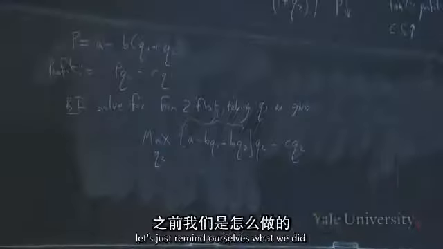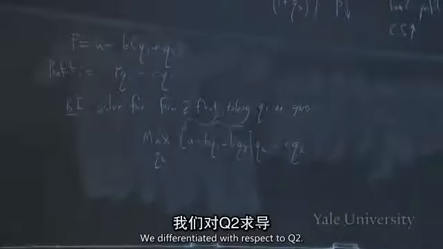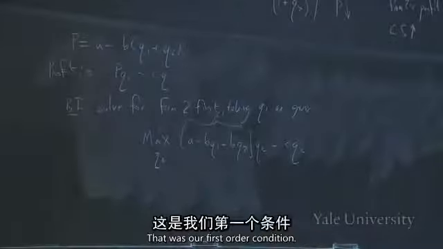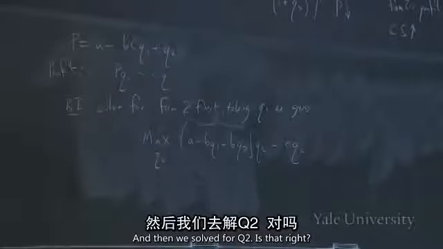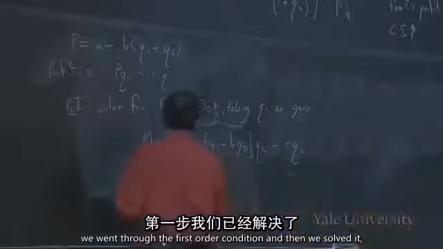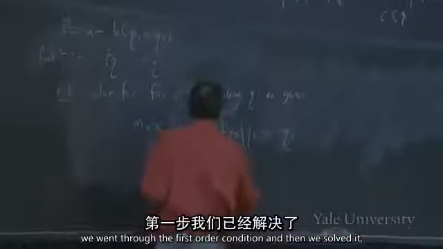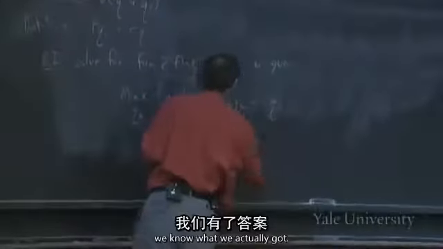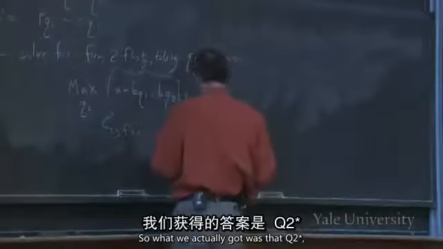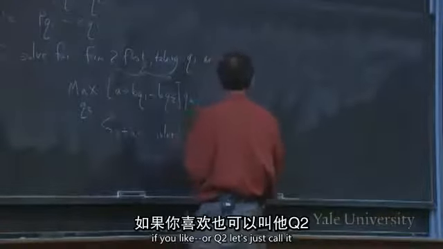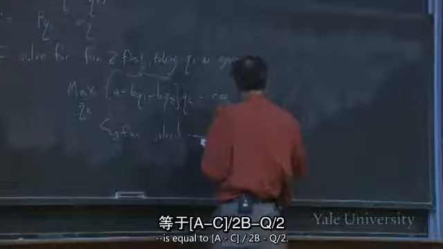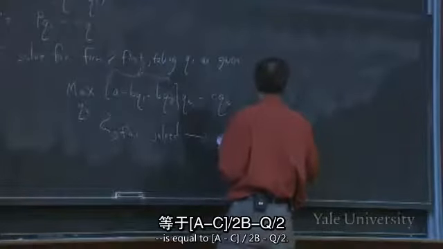But let's just remind ourselves what we did. We differentiated with respect to Q2. We set the derivative we found equal to 0. That was our first order condition. And then we solved for Q2. So what we actually got was that Q2 star, or Q2, let's just call it, is equal to A minus C over 2B minus Q1 over 2.